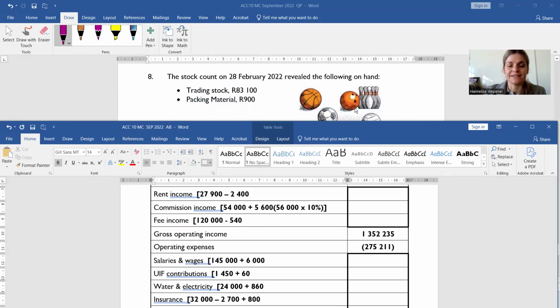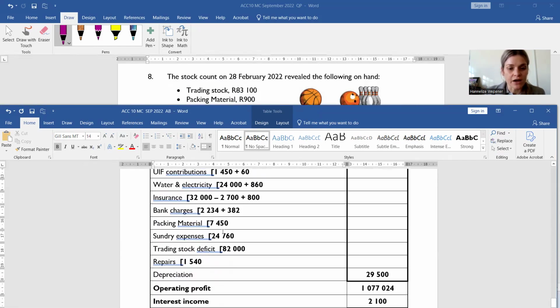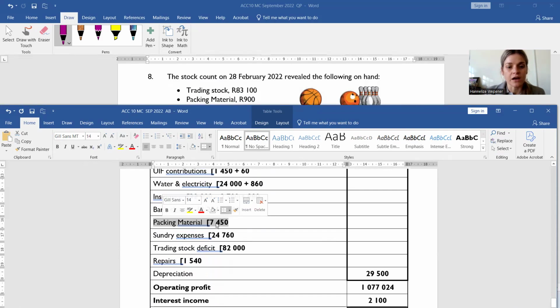Then the last one says that the stock count on the 28th of Feb revealed the following stock on hand: trading stock and packing material. So I'm going to start with the easy one, packing material. Remember that packing materials, cleaning materials, stationery works the same. We can also say consumable stores expense, and then you had some on hand. So that just means that you've now recorded a lot of packing materials that you purchased during the year that you have now said this is my expense.